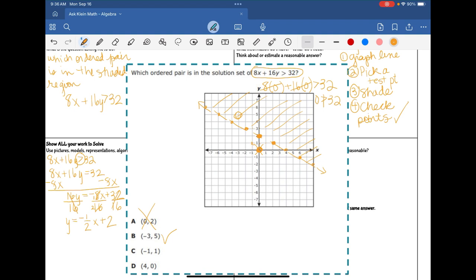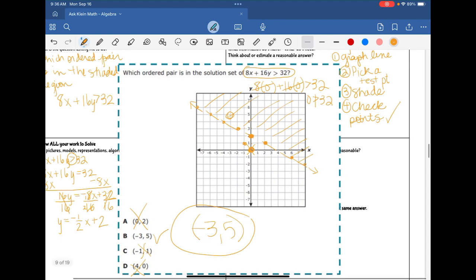Negative 1, 1, left 1 and up 1, is not. And again, 4, 0 is on the line, and since it's dotted, that is not part of the shaded region. So I believe that B, negative 3, 5, is the point that would be in the shaded region, which is the solution to the inequality.